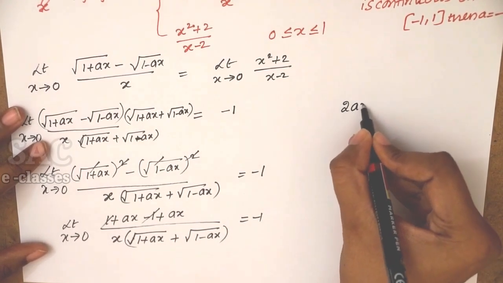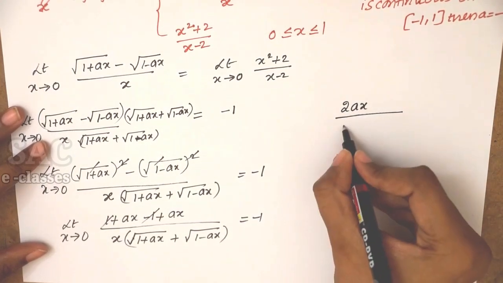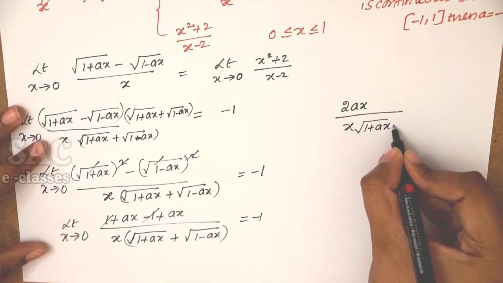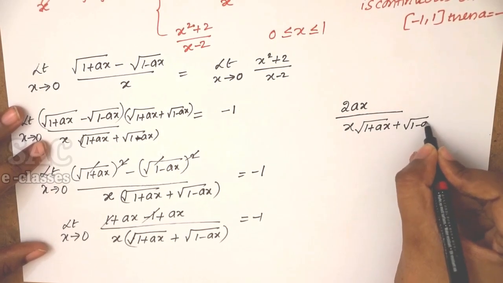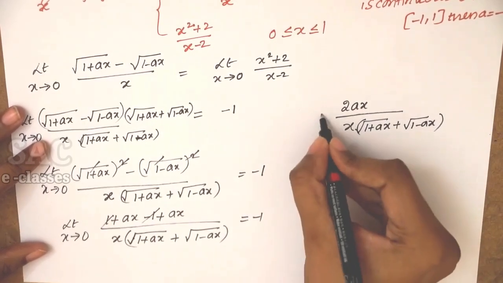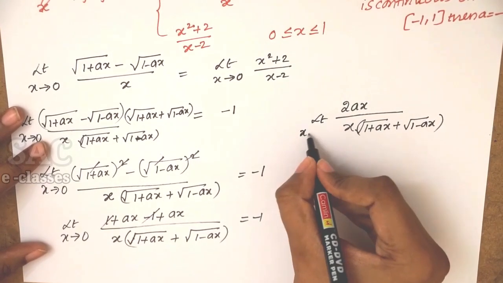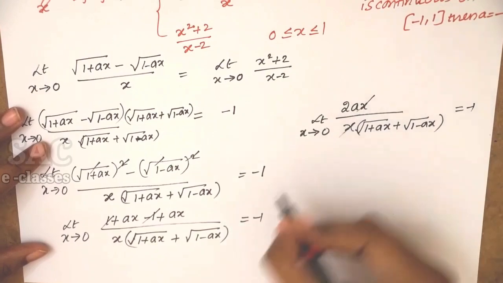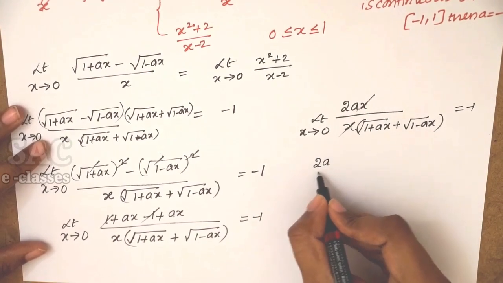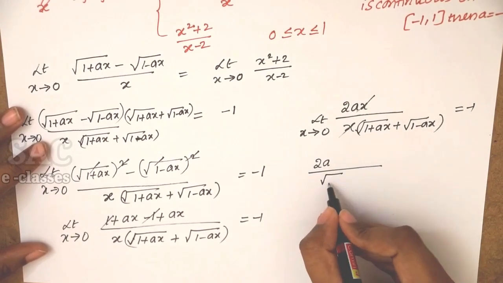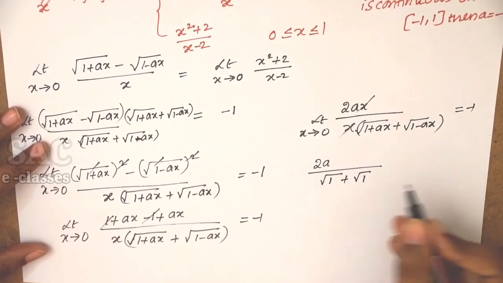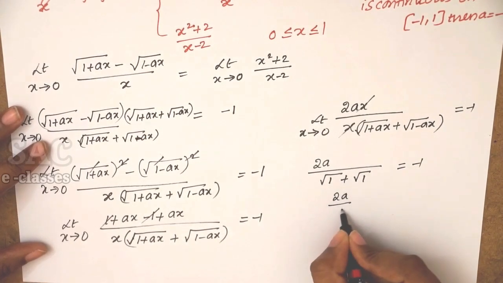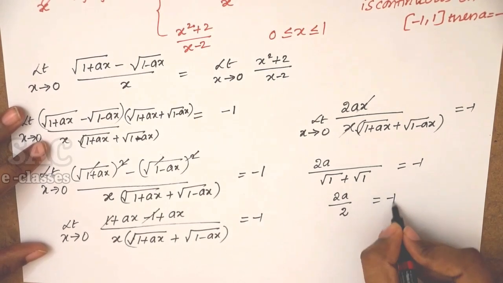This will give you 2ax by x into (root over 1 plus ax plus root over 1 minus ax), limit x tends to 0, which is equal to minus 1. So 2a by, applying the limit, root 1 plus root 1, which is equal to minus 1. 2a by 2 will give you minus 1.